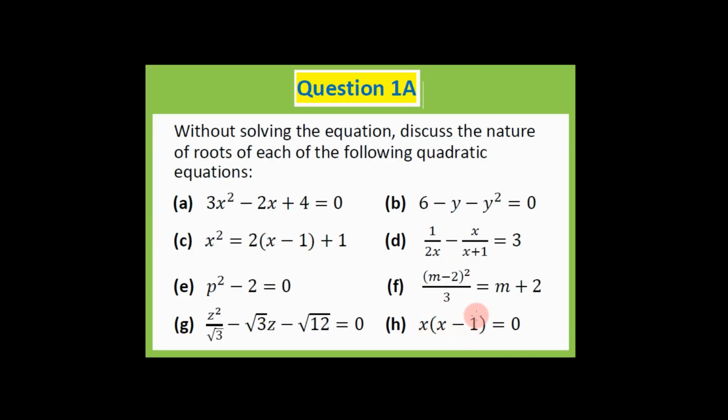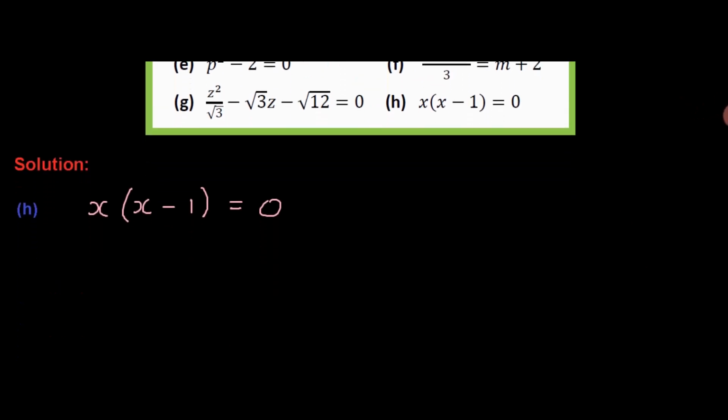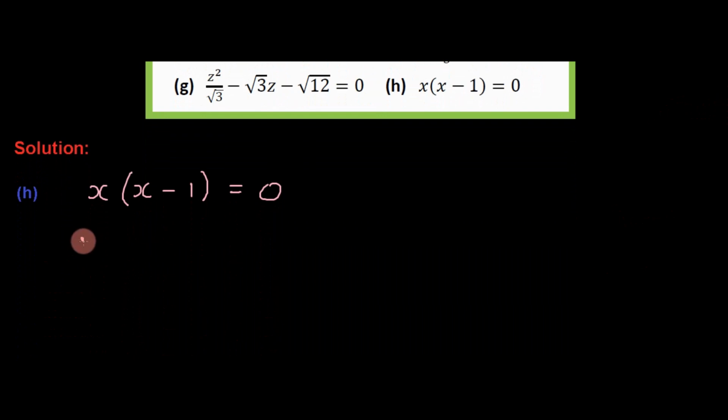Then coming to the last question here, so coming to H, we can multiply out the left-hand side. So we get x squared minus x equals 0. Now we can write down the values of a, b, and c. A is the x squared coefficient, which is 1. B is the x coefficient, and it's negative 1.